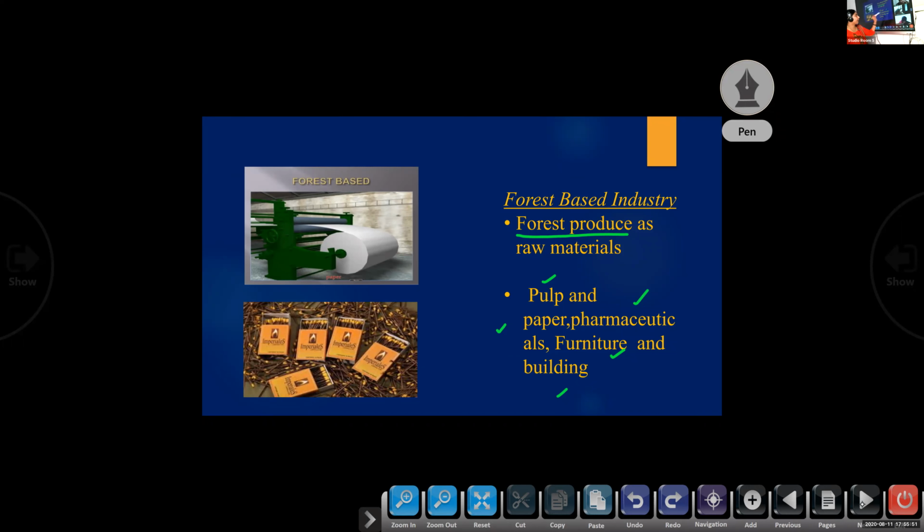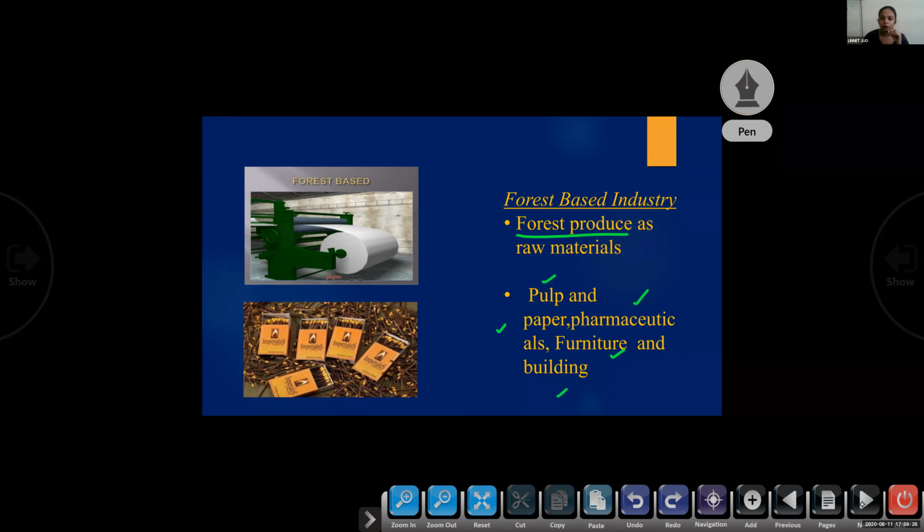What are the two classifications that we learned today? Marine-based industry and forest-based industry. Can you explain the main raw material? In marine-based industries, they use products from the sea or ocean as raw materials, for manufacturing fish oil and other products.